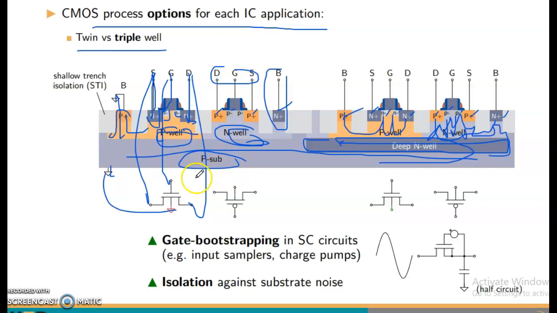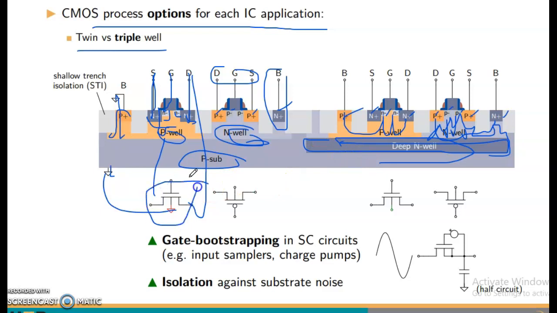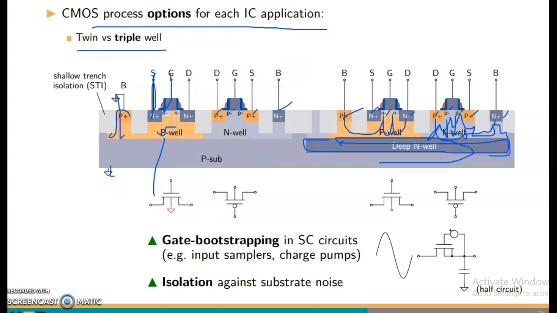Here this one P1. Okay. This one, then here N1. In this N1, here drain, gate, source.